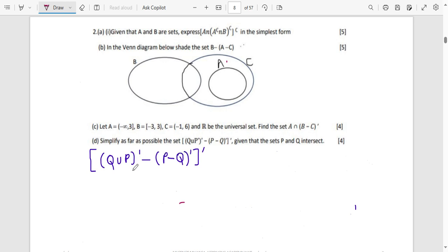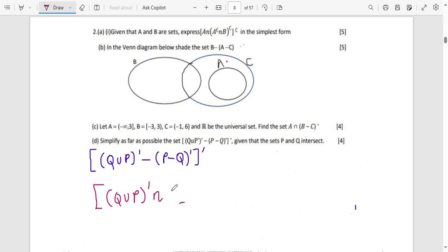The first thing I can do, I want first to deal away with the minus here, the big minus, because I cannot distribute this complement as long as that minus is there. It might confuse me at one point or the other. So this will become Q union P complement.